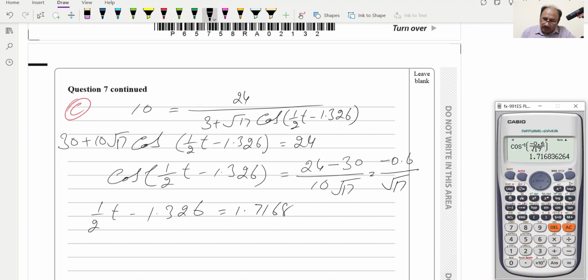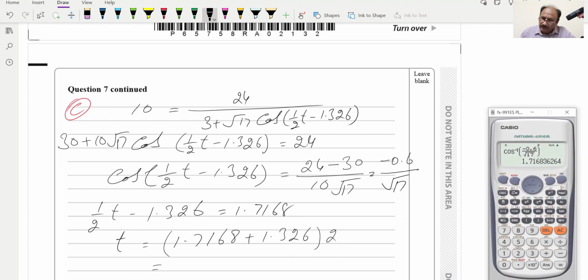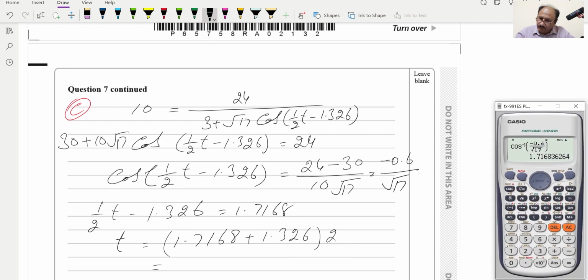There are more digits, but I'm just writing up to this one. And t will be equal to 1.7168 plus 1.326, multiplied by 2, and the t value will be 6.085.